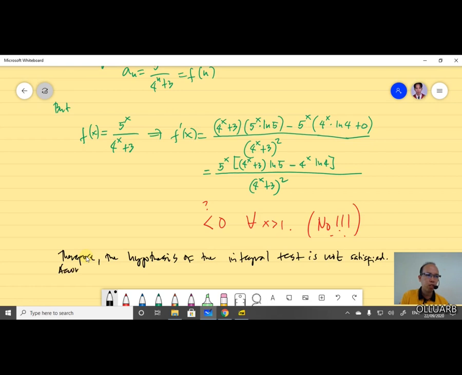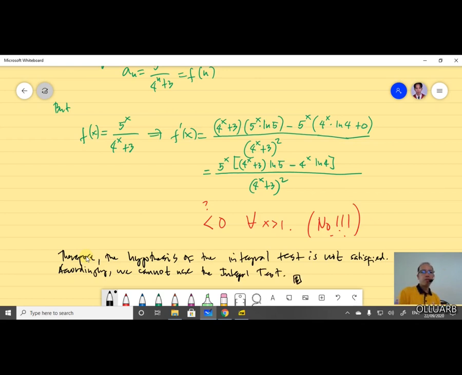Accordingly, we cannot use the integral test.